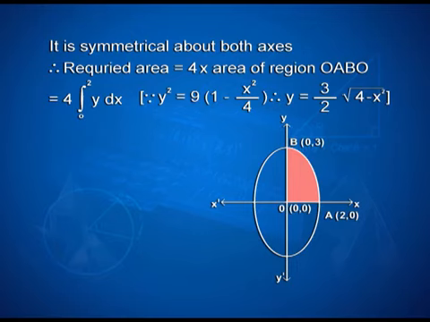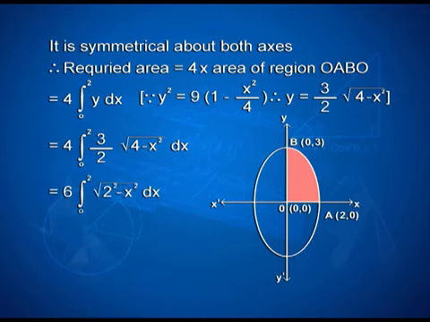Therefore, y is equal to 3 upon 2 into square root of 4 minus x square. On simplifying, we get 4 into integral 0 to 2 of 3 upon 2 into square root of 4 minus x square dx, which is equal to 6 into integral 0 to 2 of square root of 2 square minus x square dx.